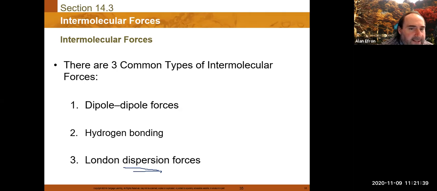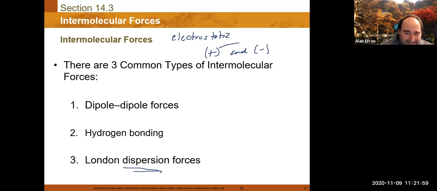No matter what type of intermolecular force we see here, to be truthfully honest with you, they are all basically the same type of interaction. They're all basically an electrostatic interaction, which means it's the positive guy and the negative guy.